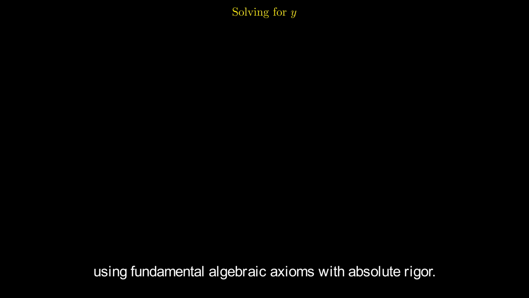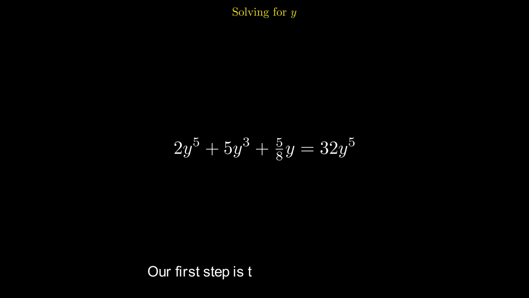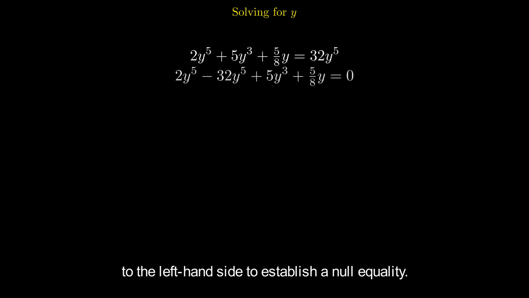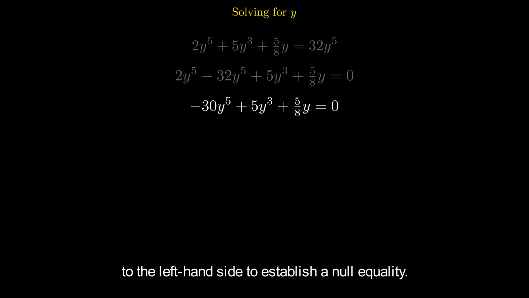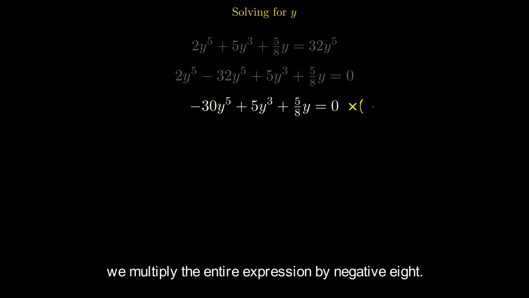We shall now analyze our specific equation using fundamental algebraic axioms with absolute rigor. Our first step is to transpose all terms to the left-hand side to establish a null equality. To eliminate fractional components, we multiply the entire expression by -8.